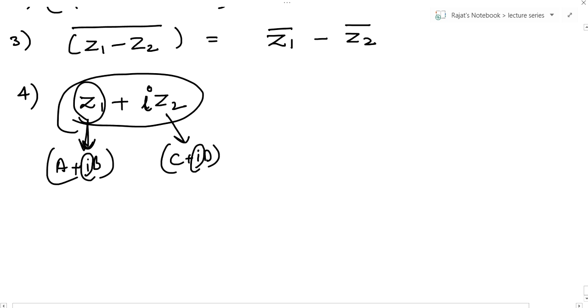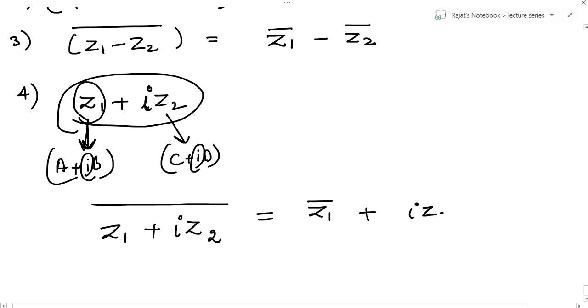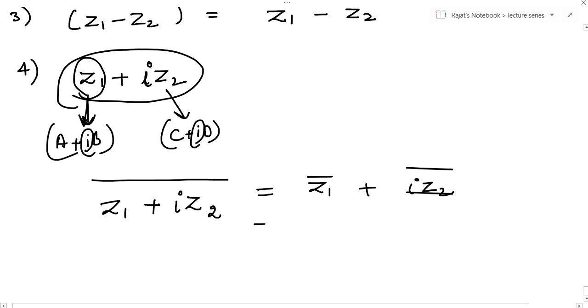Suppose you are given a complex number z1 plus i times z2, and you want to find the conjugate of this complex number. What you will do is split it: z1 bar plus i times z2 bar. Please remember that the conjugate of i is minus i. So this will become z1 bar minus i times z2 bar.